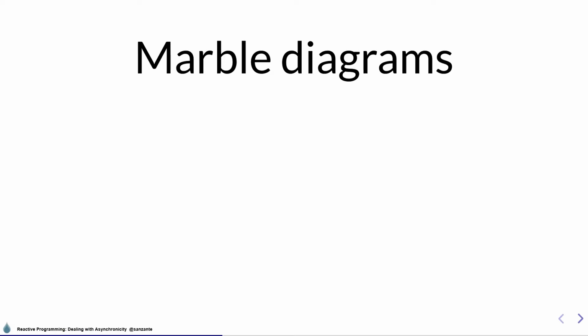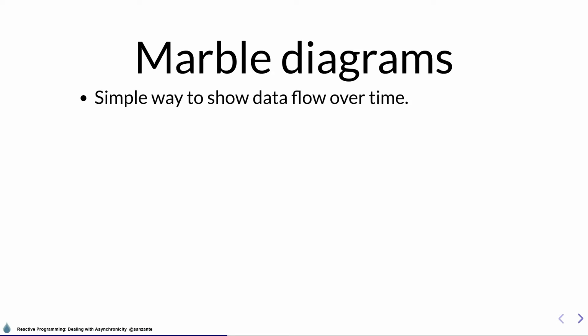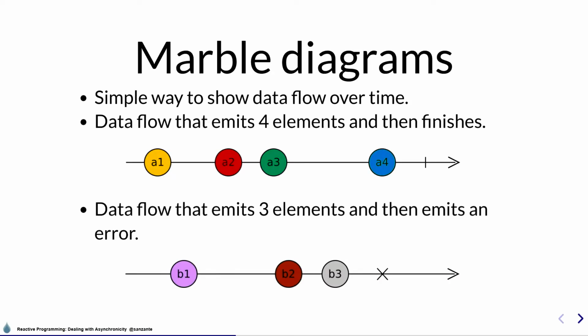So these diagrams are designed to explain easily, to see easily what they do. Those are examples of marble diagrams. They are read from left to right, okay? Representing time, obviously.